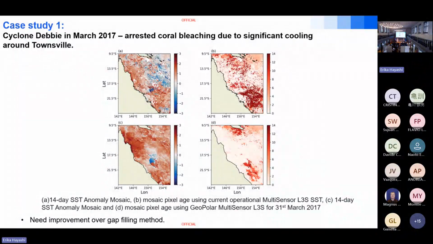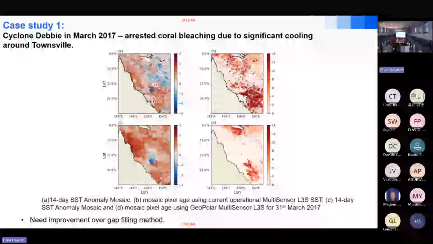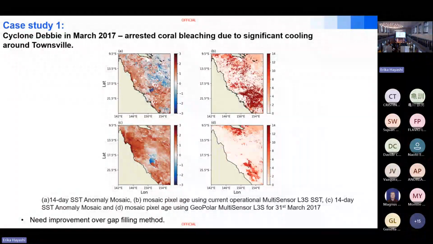We have to go back 6 to 8 days to fill those pixels. So definitely we need improvement over our gap filling method. We wanted to try some methods, including ML, but with the resource constraints this year, we couldn't do that. So this is the one thing we want to improve.